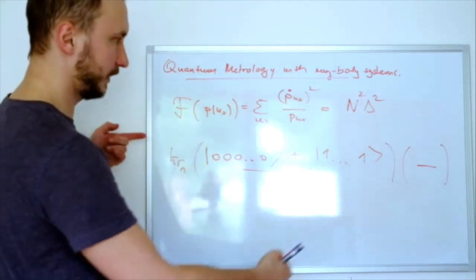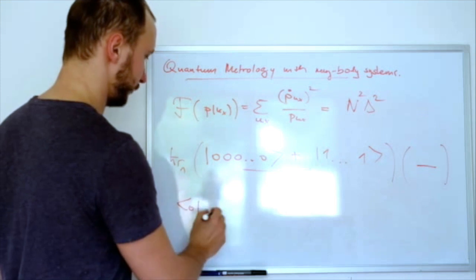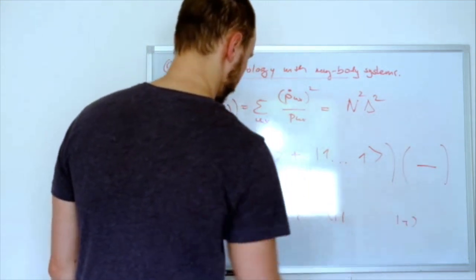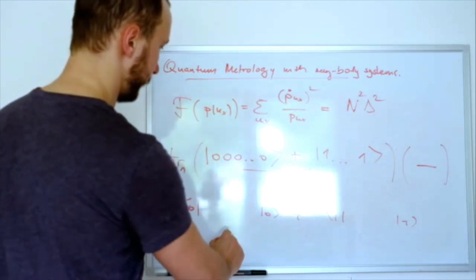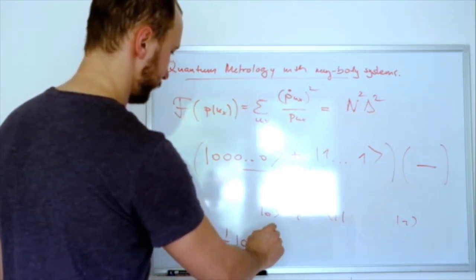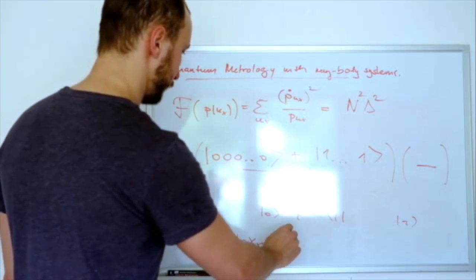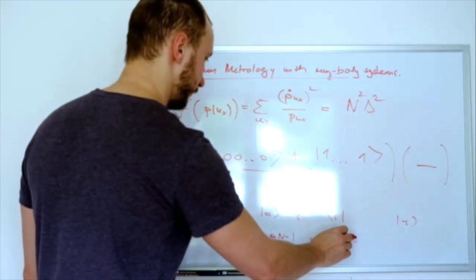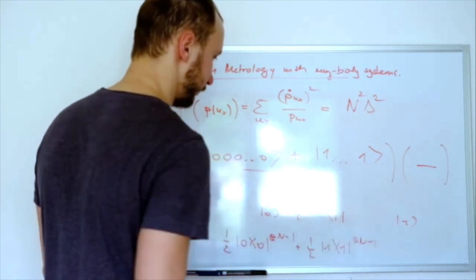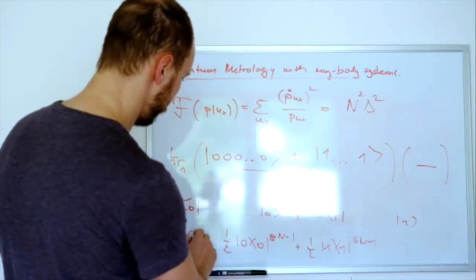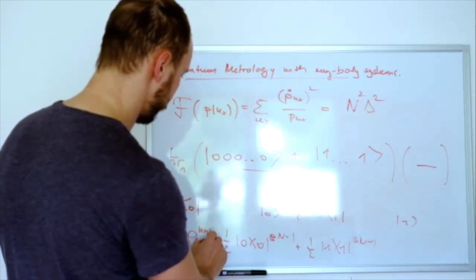Tracing out the first particle is like a projection on 0 plus a projection on 1. So we just get a mixture of 1/2 the remaining n-1 qubits in state 0 plus 1/2 the remaining qubits in state 1. This will be rho GHZ if we lose just one particle.